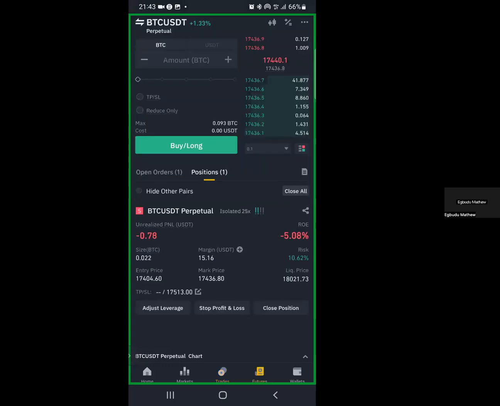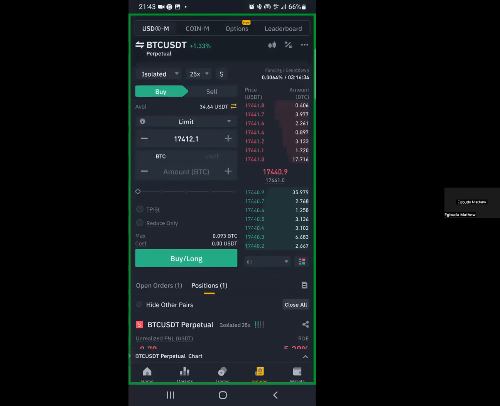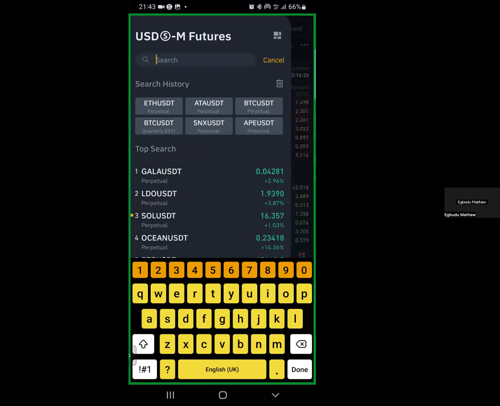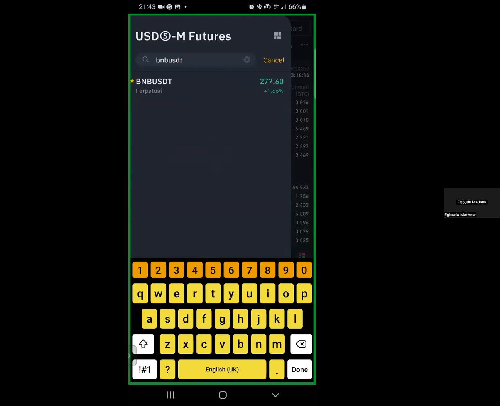I already have a running trade on the futures. This is how to place a futures trade. You come here for Gala USDT or BNB USDT. All you need to do is click on BNB USDT. Now, in the futures contract, we have what we call the perpetual contract and the quarterly contract.